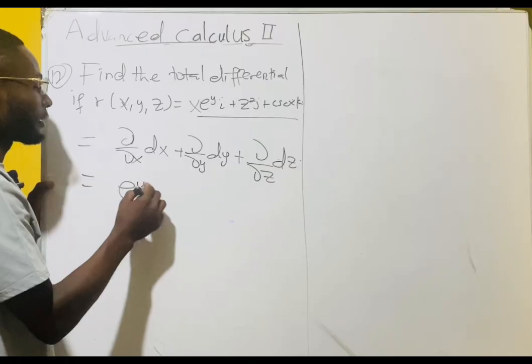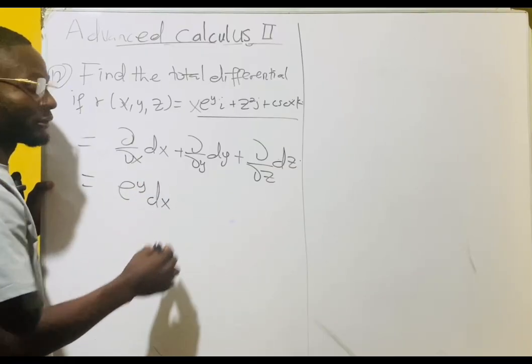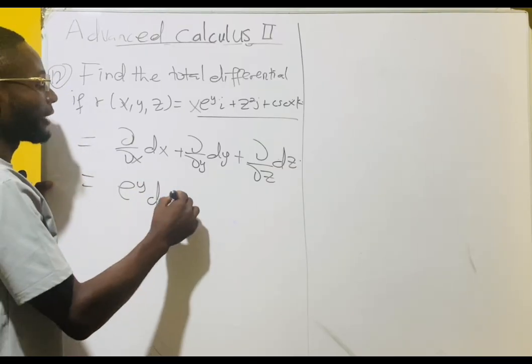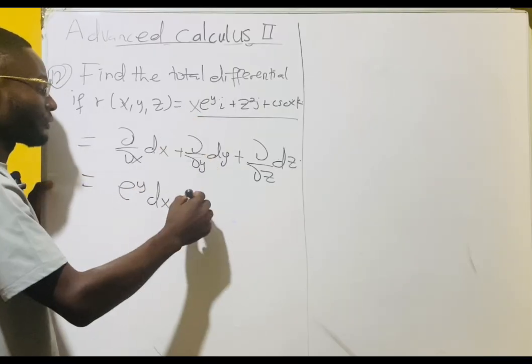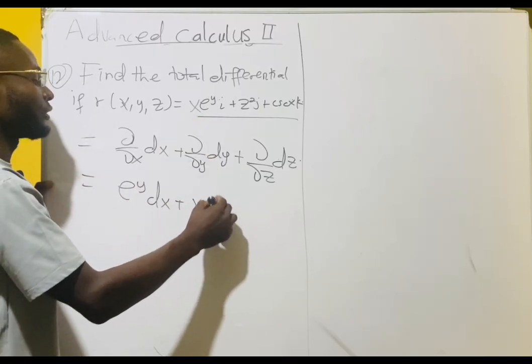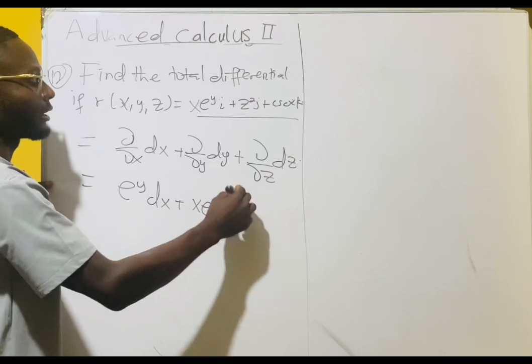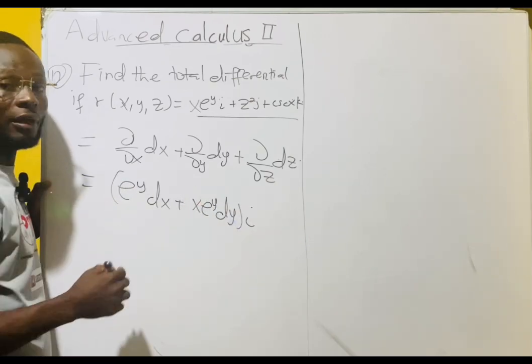So we're going to have e to the y, times the total differential of x, plus second we differentiate with respect to y and it's going to remain the same. So we have x e to the y dy, and this is the i part.